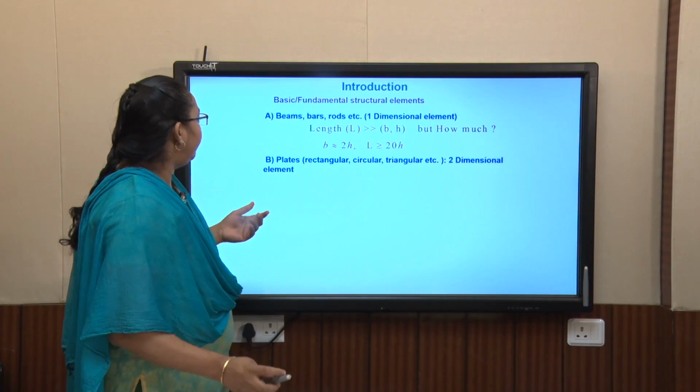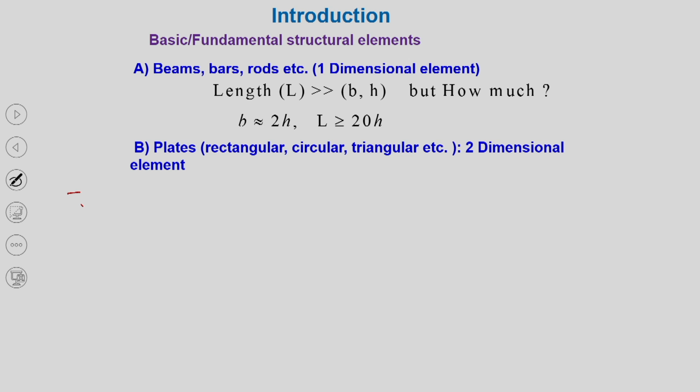Further, the classification of a beam: if an element like this is subjected to a transverse load, then we treat it as a beam. If this is my longitudinal axis x and z.